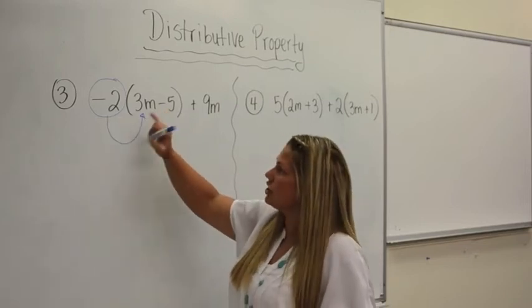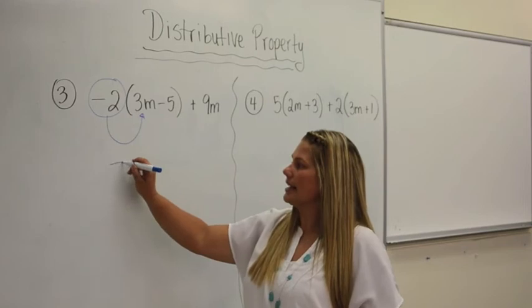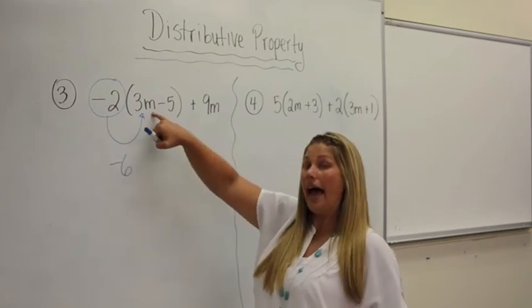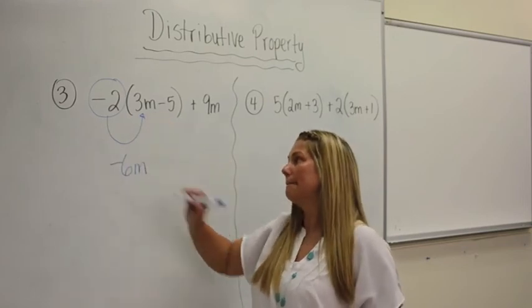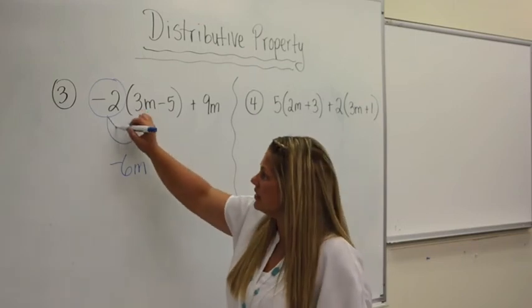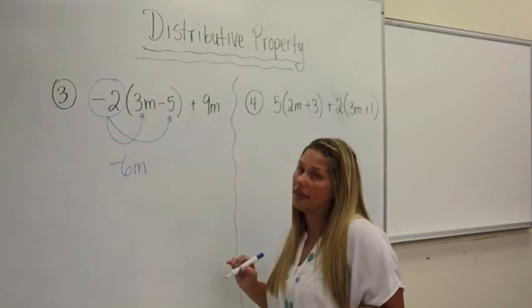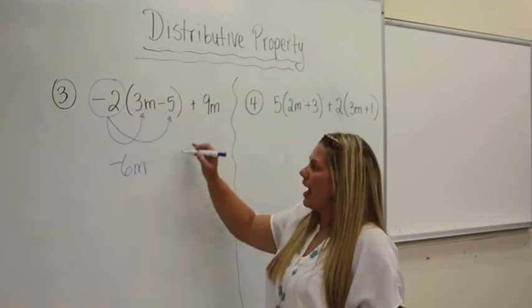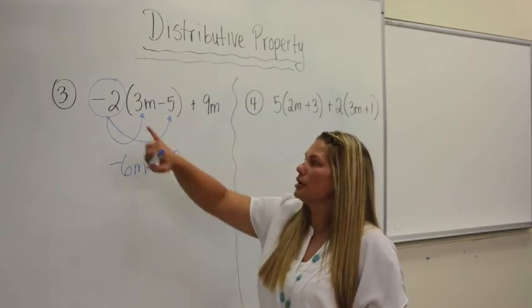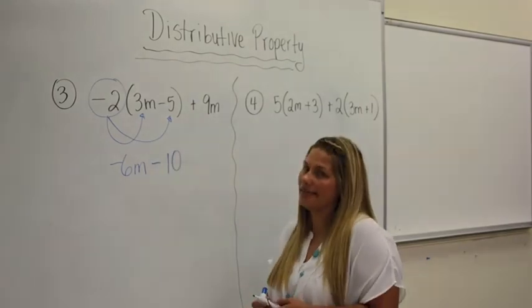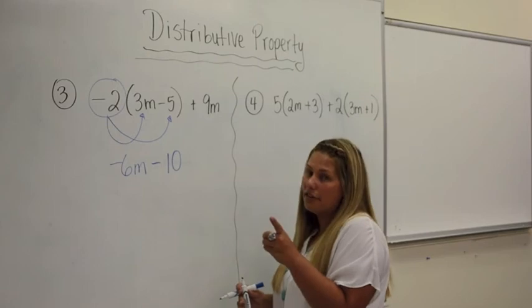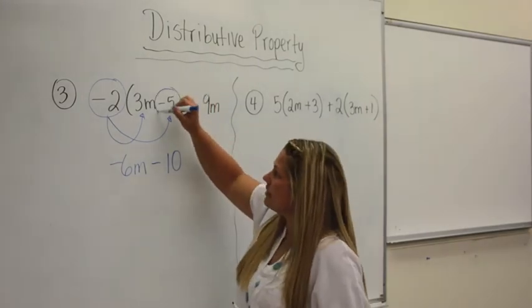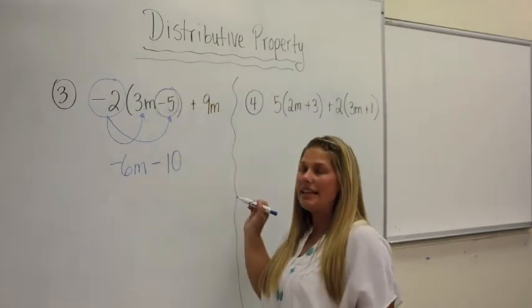So negative 2 times 3 is negative 6, and that has our m. Then the negative 2 also has to multiply the 5. Well, 2 times 5 is 10, so most people would bring a negative right there. Be careful. This is not just a 5, it's actually a negative 5.